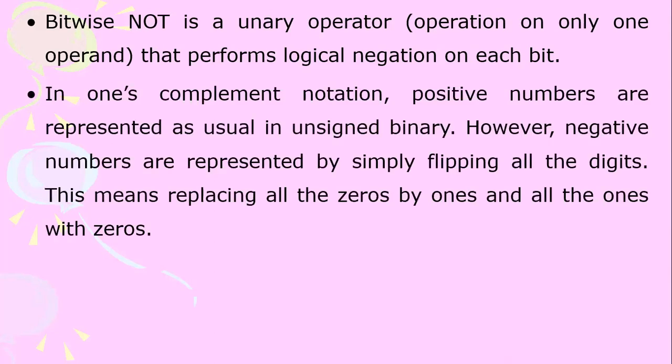In one's complement notation, positive numbers are represented as usual in unsigned binary. However, negative numbers are represented by simply flipping all the digits. This means replacing all the zeros by ones and all the ones with zeros.